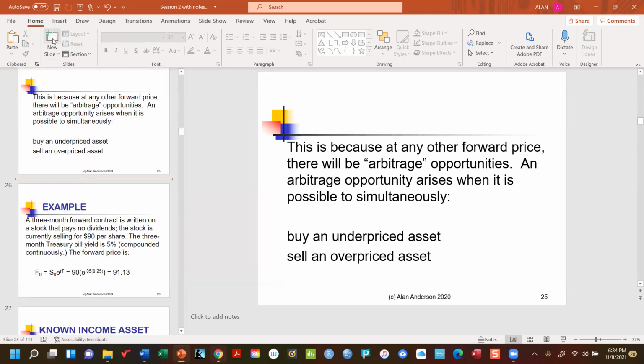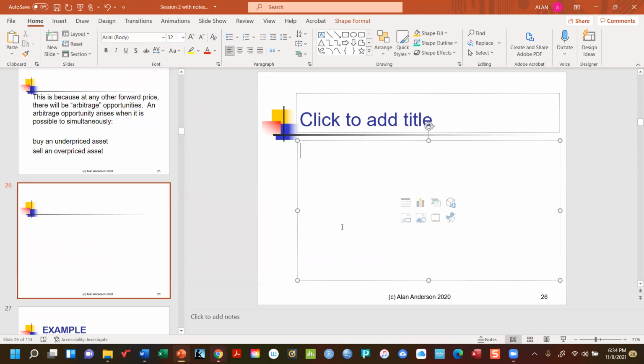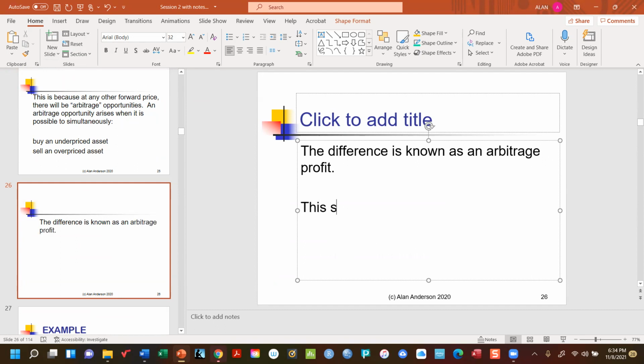Now, in principle, this should never happen. The difference is known as an arbitrage profit. This should never happen in an efficient market. But of course, markets are not perfectly efficient. So sometimes this can actually happen.